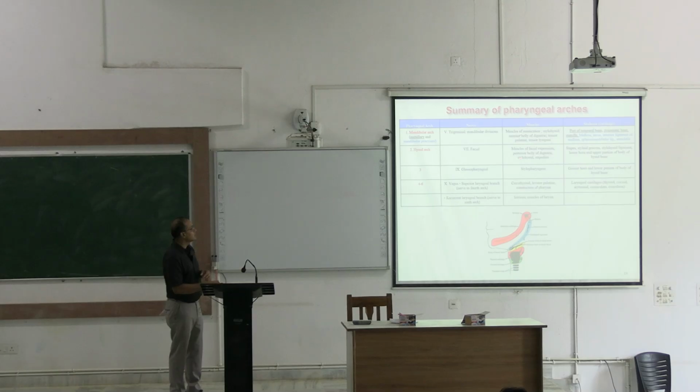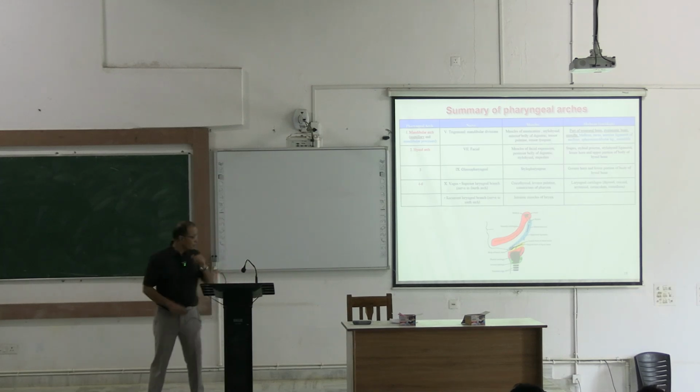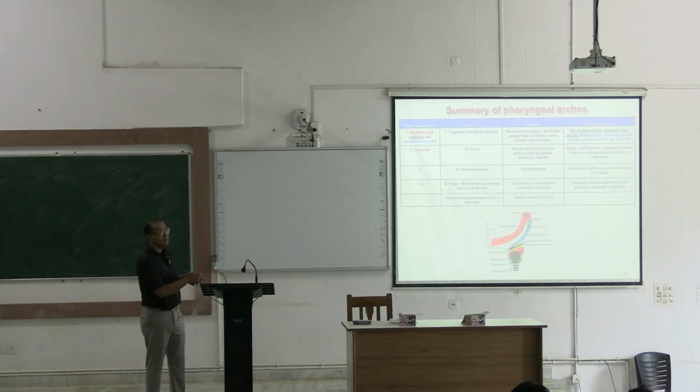We have to memorize them: muscles of mastication, mylohyoid, digastric anterior belly, tensor tympani, which is a middle ear muscle, and tensor palatini, which is a palate muscle. These come from the first arch, and they are innervated by one nerve only, the mandibular division of the trigeminal nerve. If you do not remember the mandibular division, it's fine, just trigeminal nerve is good enough.